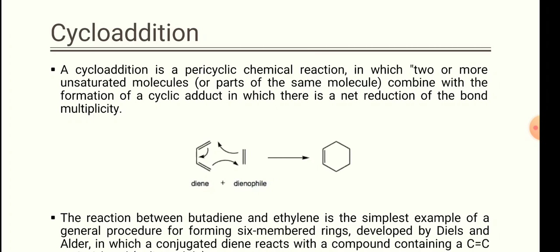Initially the number of double bonds is 3, but in the product the number of double bonds is 1, and in the adduct there is a formation of 2 new sigma bonds.